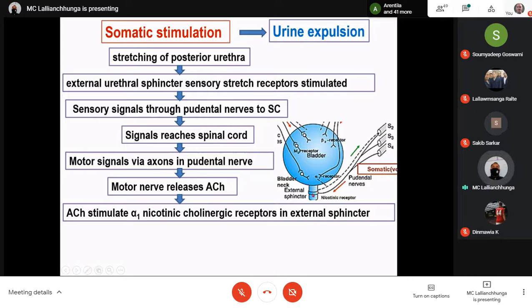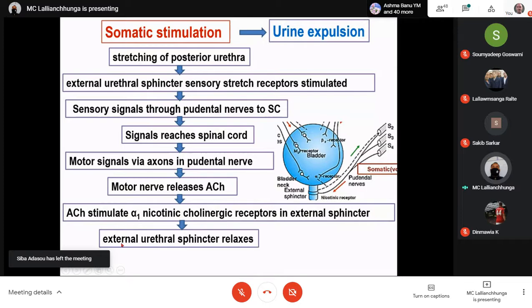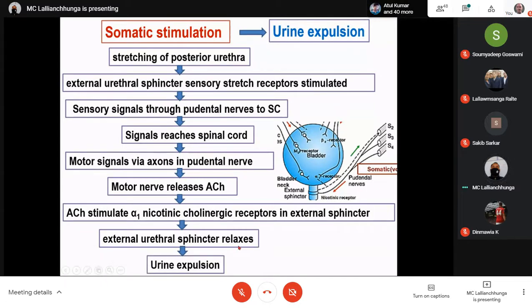So acetylcholine will stimulate the receptors, and it will relax the external urethral sphincter so that urine can be expelled. Okay, that means when this external urethral sphincter contracts, the lumen is occluded. But then you decide to urinate.